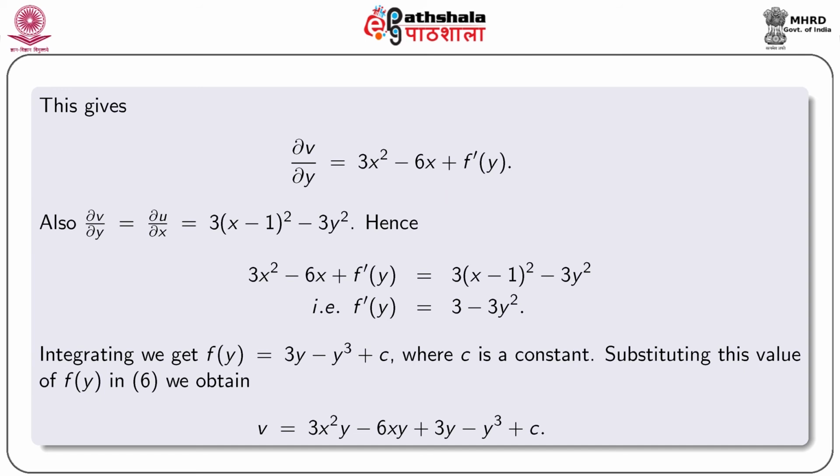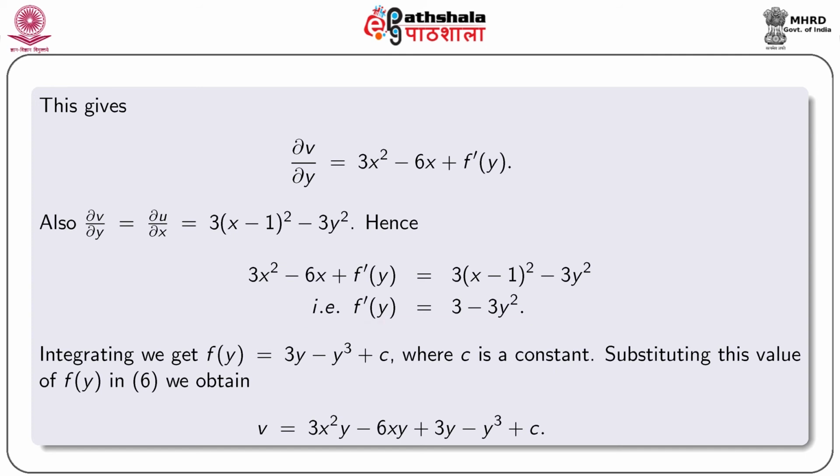Also, by Cauchy-Riemann equation, del v del y equal to del u del x, which is equal to 3 into (x minus 1) whole square minus 3y square. Therefore, we get 3x square minus 6x plus f'(y) is equal to 3 into (x minus 1) whole square minus 3y square. After simple calculation, we get f'(y) is equal to 3 minus 3y square.